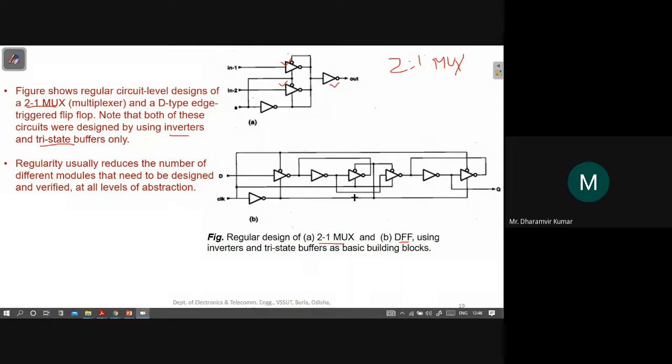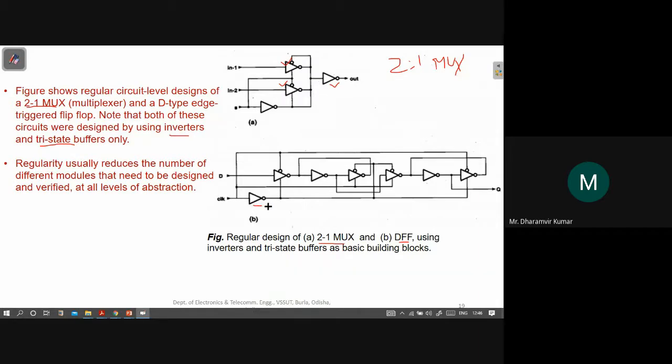You are aware of what a flip flop is. A flip flop is a circuit that stores one bit of information. So this D flip flop is designed using the same blocks that were used in the multiplexer. Look here.